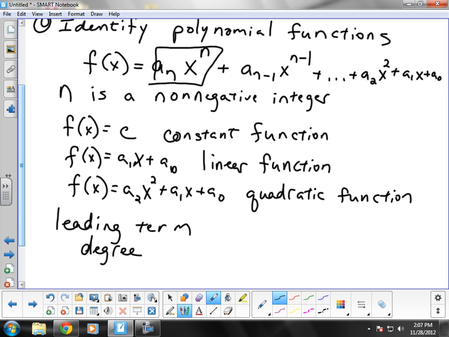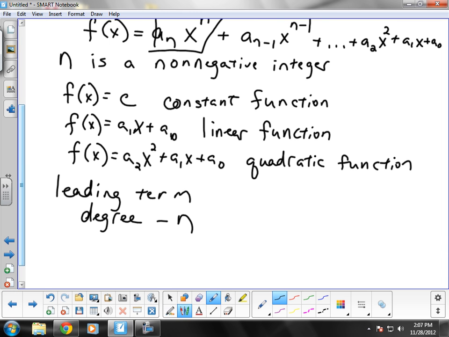So the degree of this particular polynomial is n. And it comes out of the term that's got the highest power. And it ought to be at the beginning if you've got it in descending order like you're supposed to. And then this a sub n is called the leading coefficient.